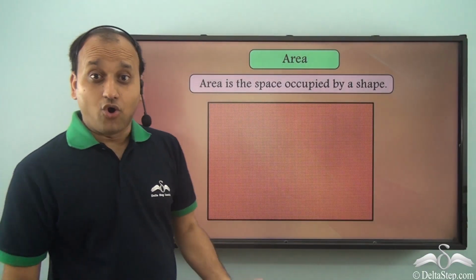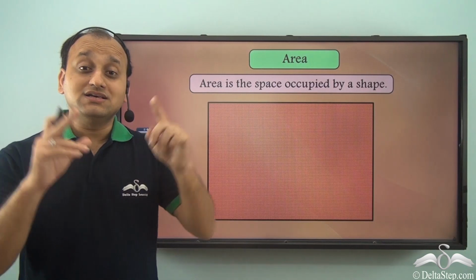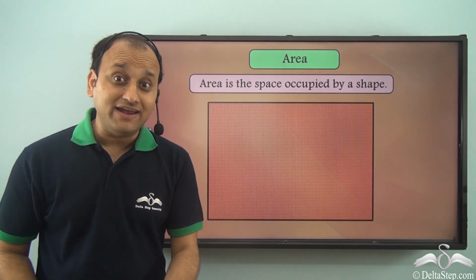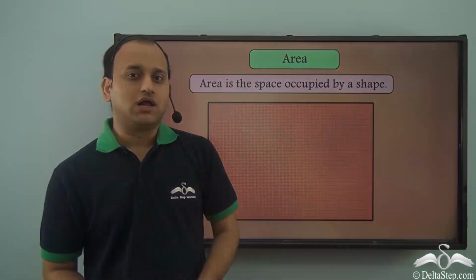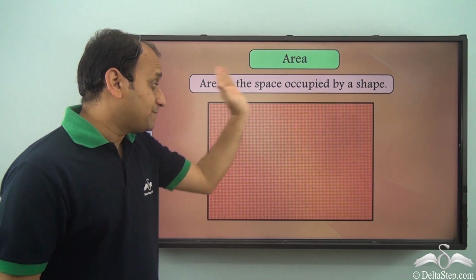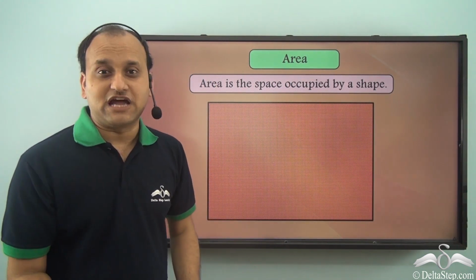Now in order to find the space occupied by the wall, Sam needs to find the area of the wall. So space occupied by any shape is the area of that shape.